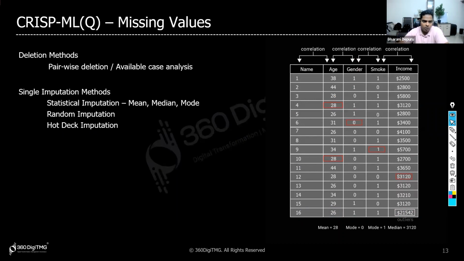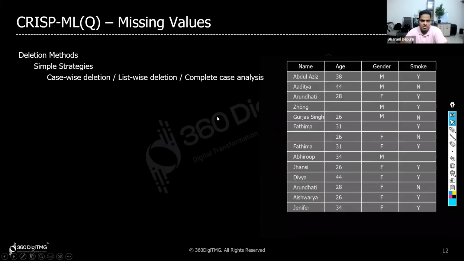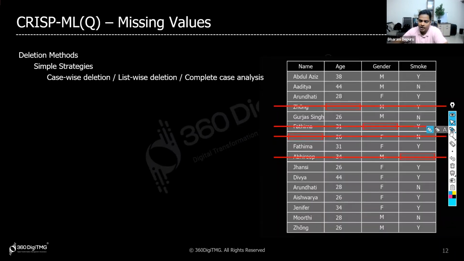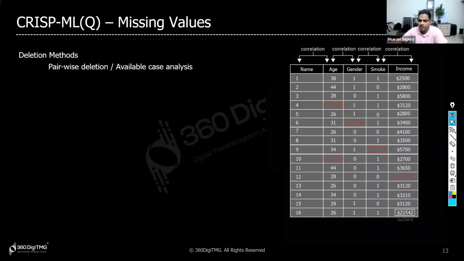So just to give you a quick glimpse, in complete case analysis, there is no additional calculation which happens. Just if a specific cell value is missing, the entire row gets deleted. However, when it comes to available or pairwise deletion, the additional step which gets involved is you try to find the correlation between various columns.